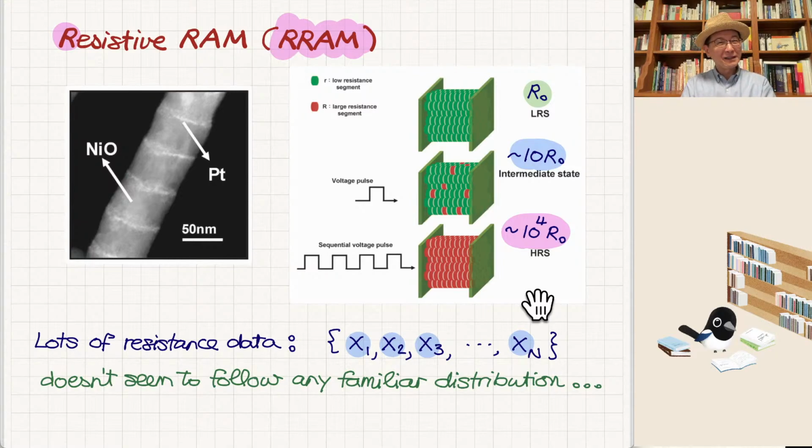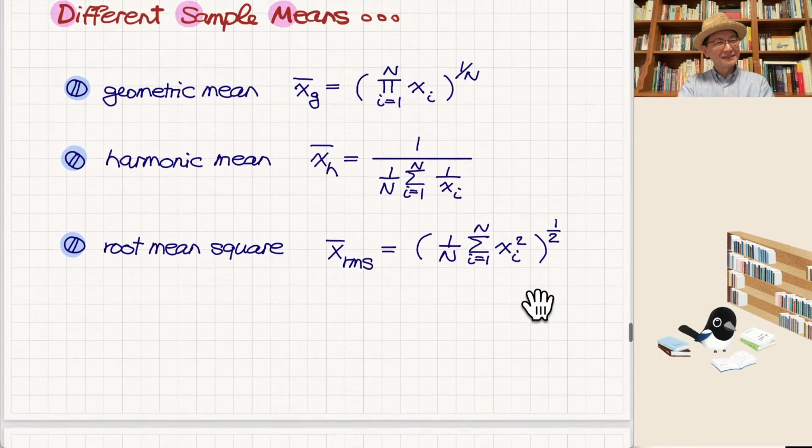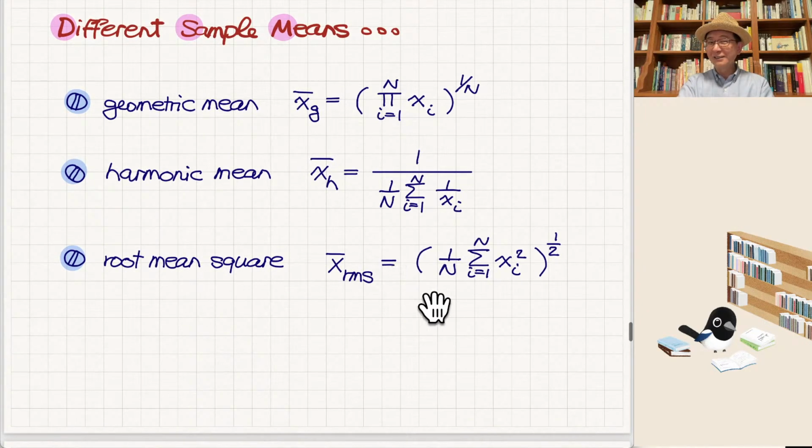Then it reminded me, aha, maybe you can choose a different mean. Like in the pandemic, everyone is very familiar with PCR values. Suppose you measure the PCR value and get different results, X1, X2, X3 and so on. Which mean do you need to use? After some analysis, it turns out you should use the geometric mean.